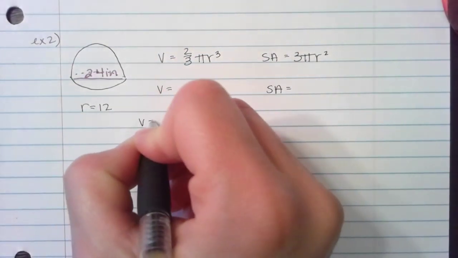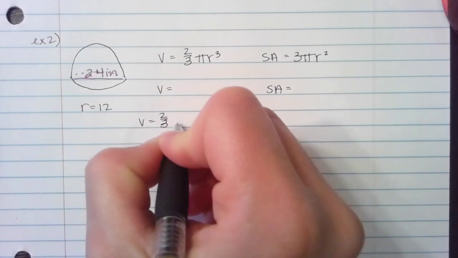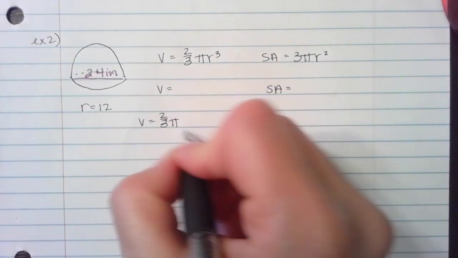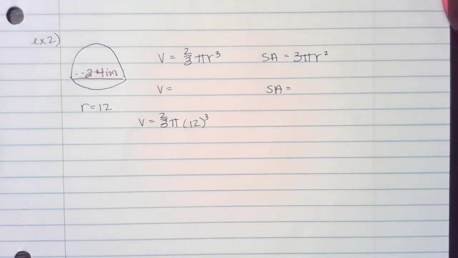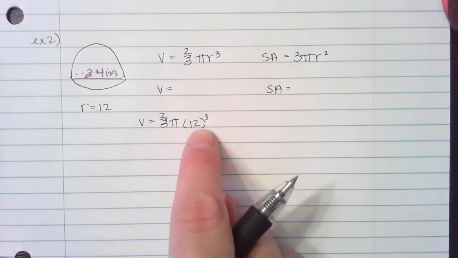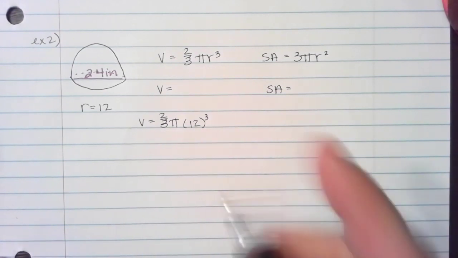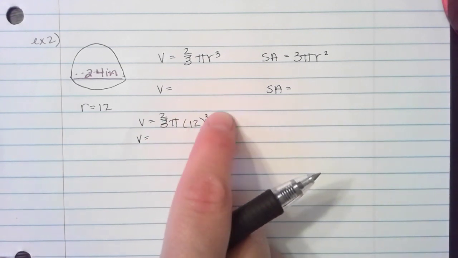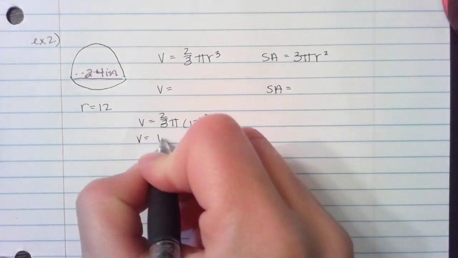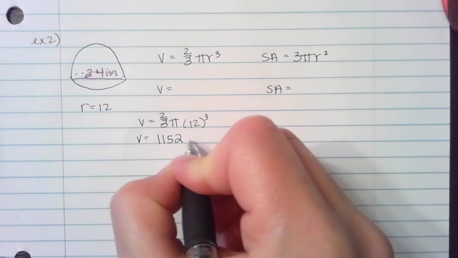So in this case, my volume is 2/3 pi, and what's my radius? 12 cubed. That's my volume. Just going to plug it in. Now, like I said, if I'm looking for the exact answer, I do need you to know how to do this. You would multiply 2/3 times 12 to the power of 3, and you would get 1,152 pi.